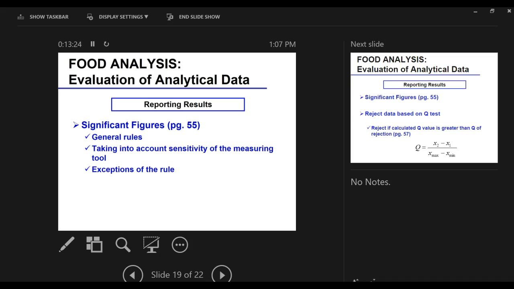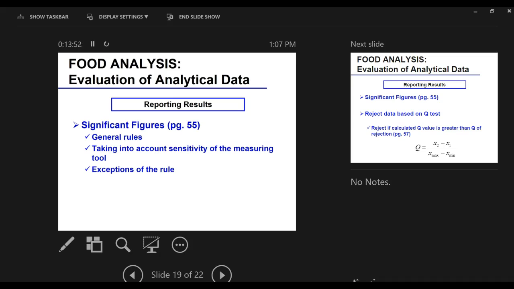How many significant figures? 1. Good. How many significant figures? 4. Great. 3. So anything here does not count. All right. 3.